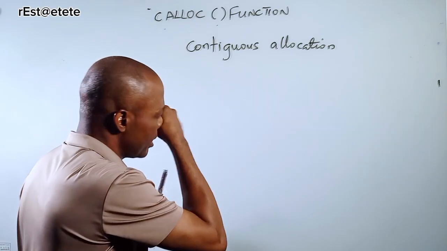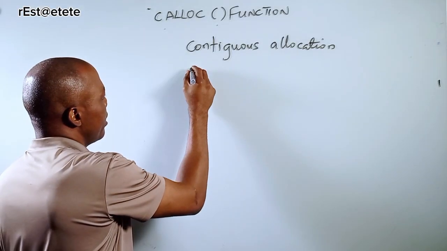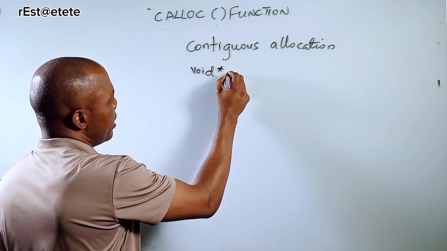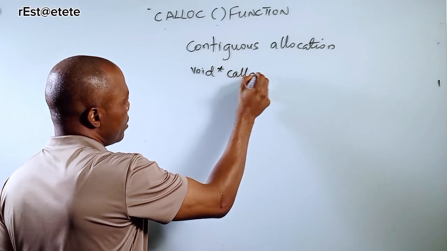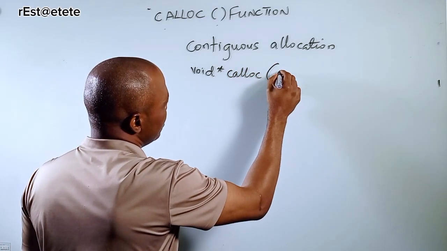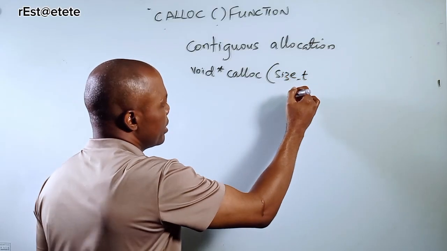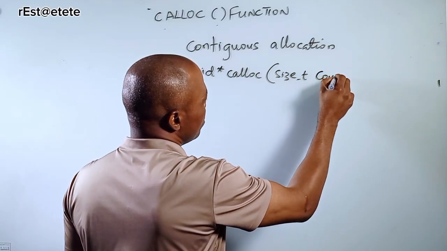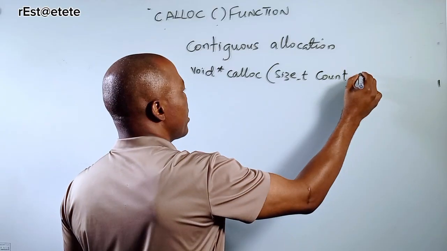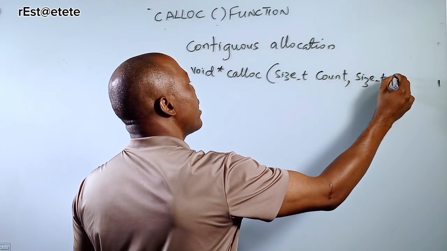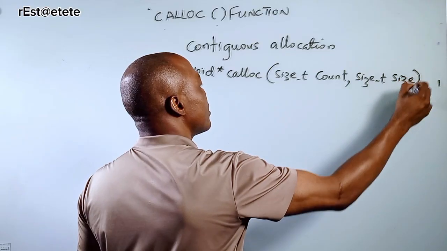So the syntax for this, you can say void pointer calloc, right? In brackets, you have size_t count, comma, size_t size, right?